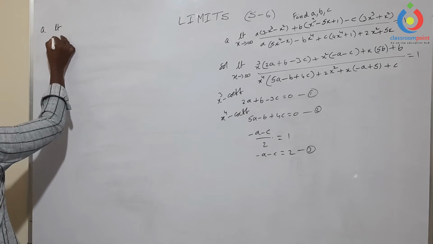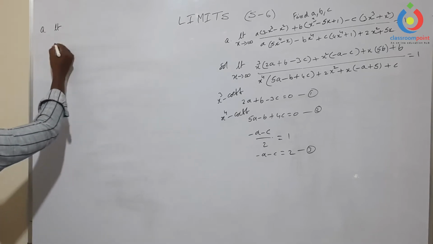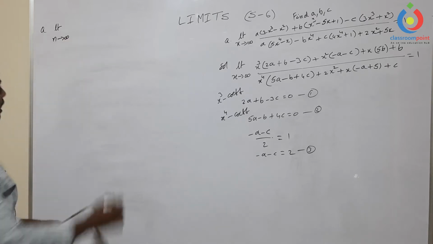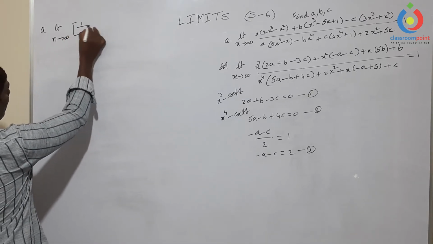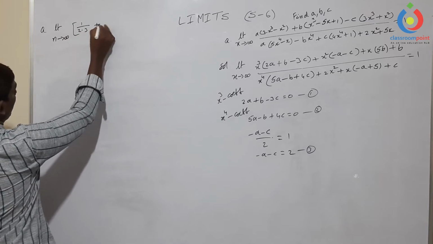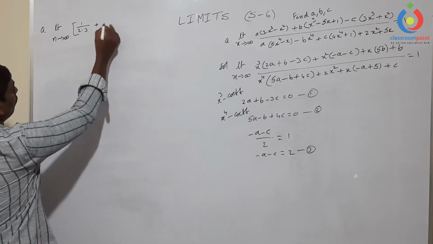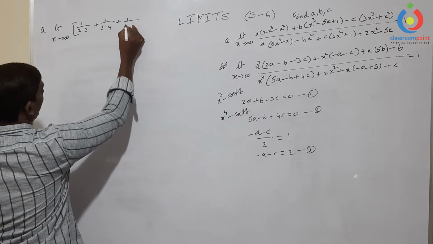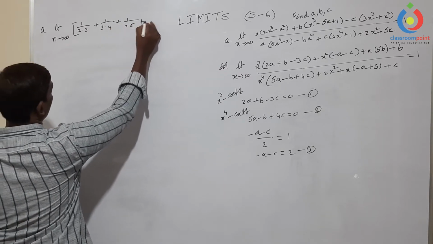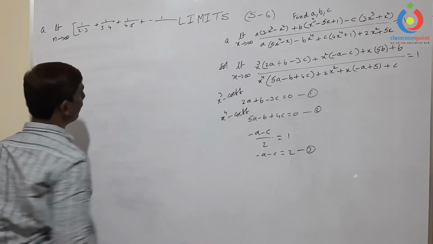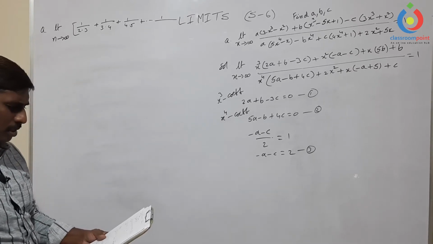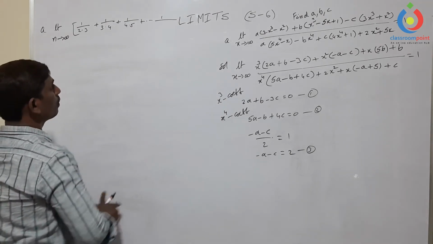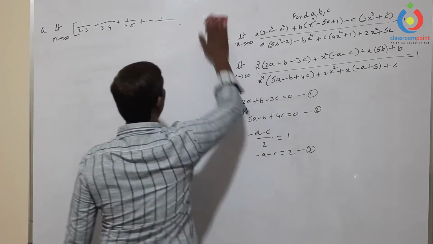Limit n tends to infinity of 1 by 2 into 3 plus 1 by 3 into 4 plus 1 by 4 into 5 plus and so on, up to 1 by n plus 1 into n plus 2.